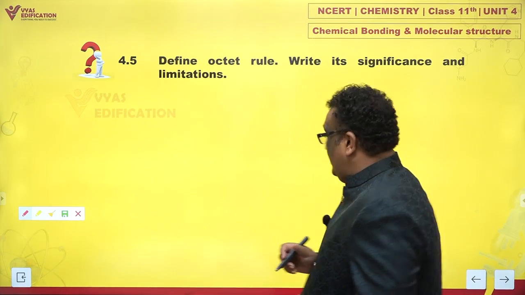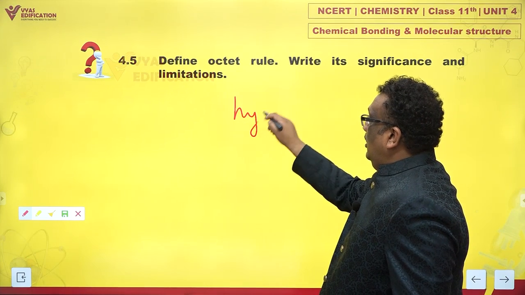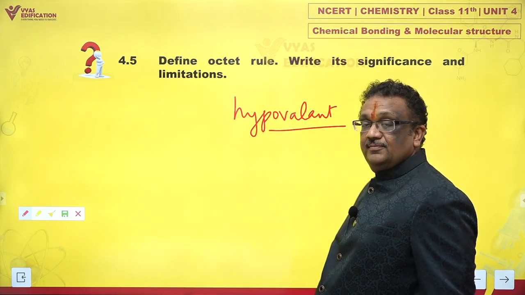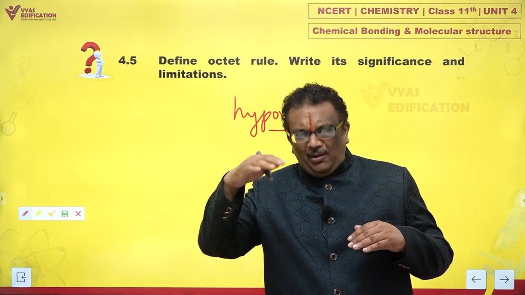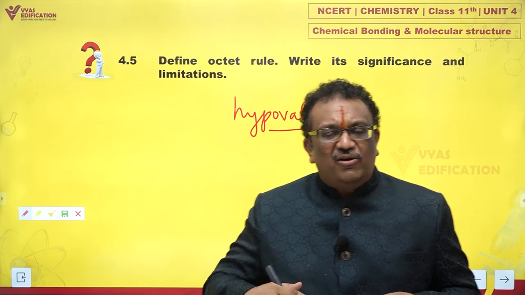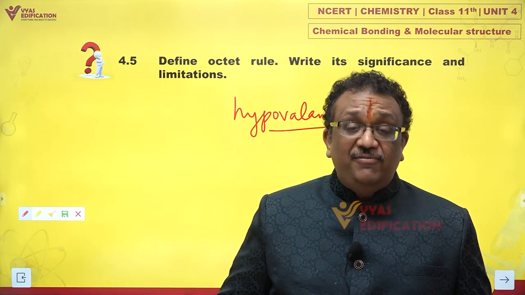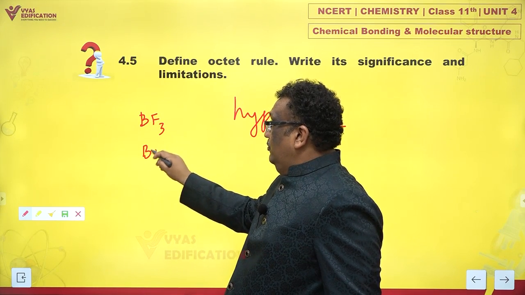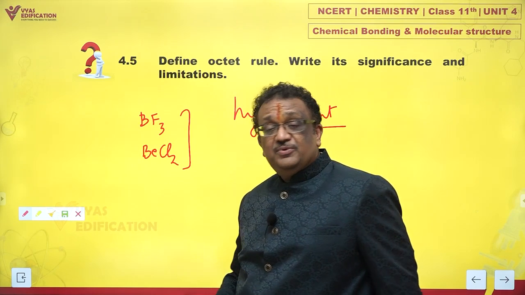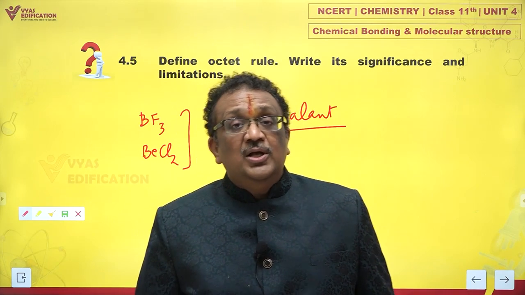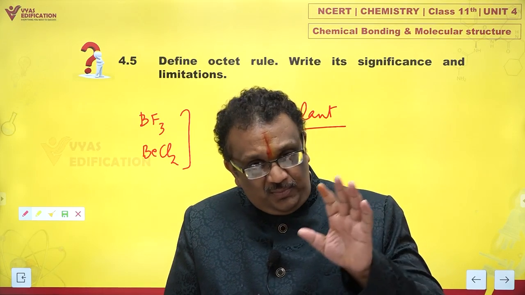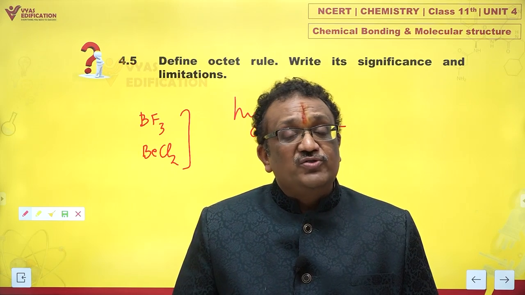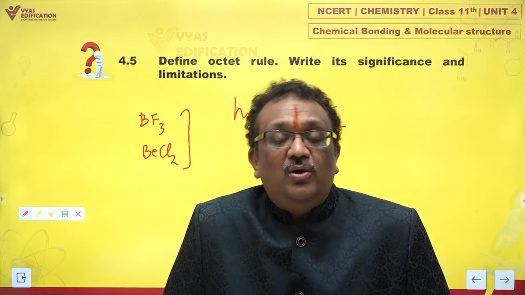And such compounds are called hypovalent. Hypovalent, you know, the ones which have a lesser number of electrons than what is required. But yes, are they formed? Yes, they are formed. Compounds like BF3, BeCl2 are exceptions to the octet rule. The octet rule doesn't work with them. So for second period elements, atoms tend to complete an octet, yes, but there are certain molecules, especially those formed by beryllium and boron, which have an incomplete octet.